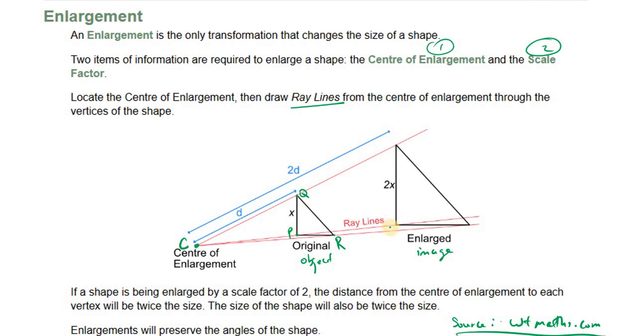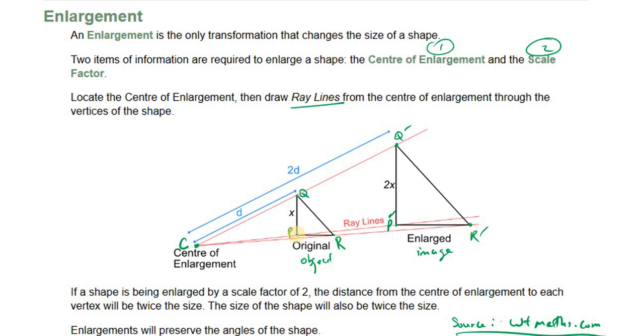For the enlarged length, let's call this P prime, Q prime, and this other vertex R prime. P prime is the image vertex of the object vertex P. Q prime is the image vertex of the object vertex Q. And R prime, which is here, is the image vertex of the object vertex R.